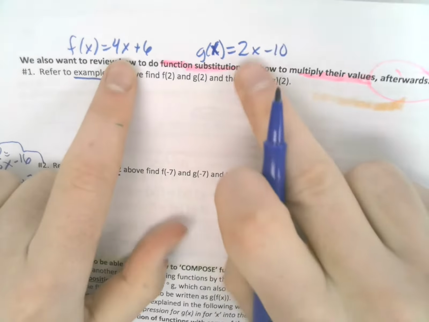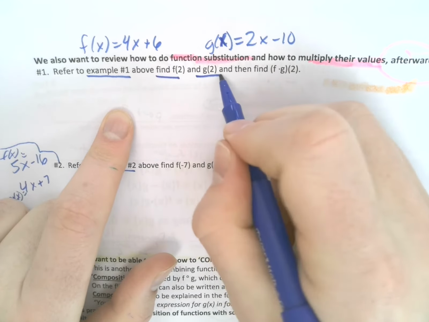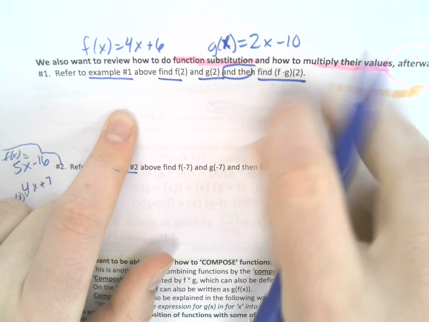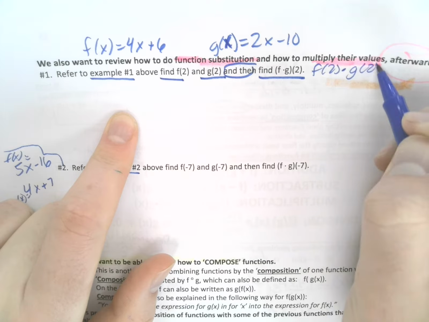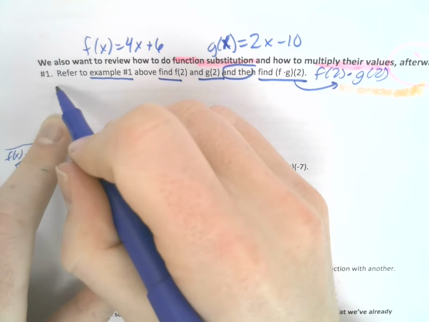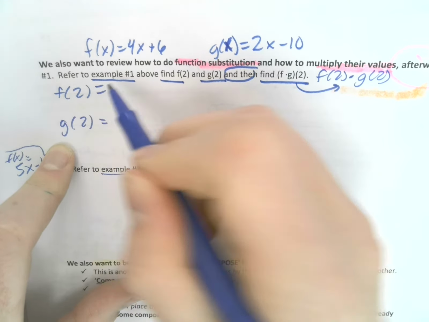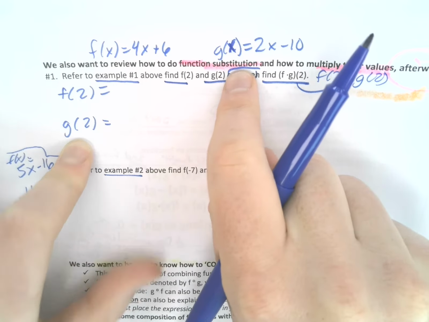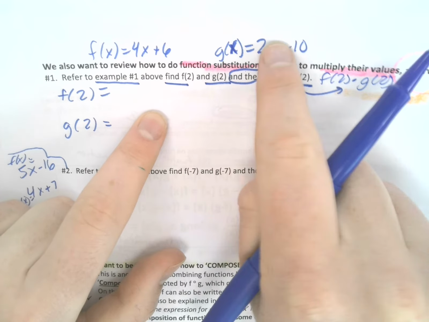So using our two functions from the previous page, we want to find f of 2 and g of 2, and then afterwards find their answers, f of 2, and multiply it with what we got for g of 2. So let's start here. f of 2 and g of 2. Well, that means instead of x's, f of x, g of x, instead of that, we're going to be plugging in 2 for x. 2 for x.